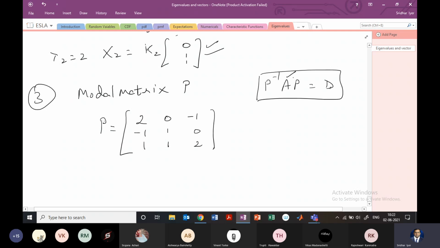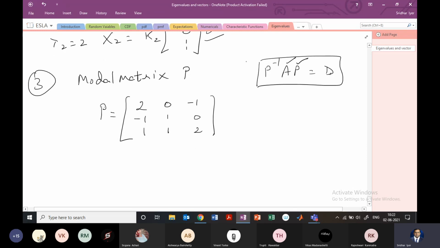Here we know A, it is given to us. We have just found P. The only thing we do not know on the left hand side is P inverse, so our next step to satisfy that equation will be to find P inverse. Another thing we know is that the diagonal D consists of the eigenvalues.